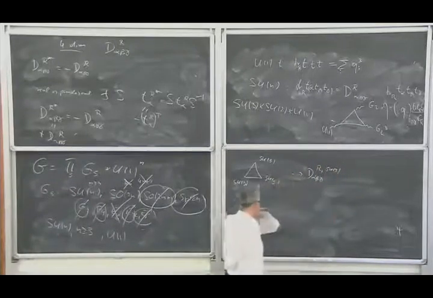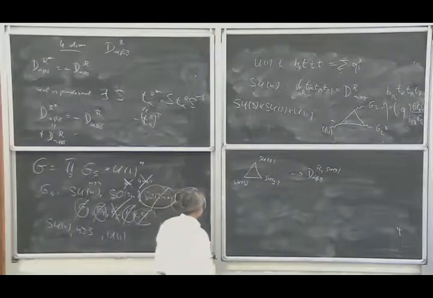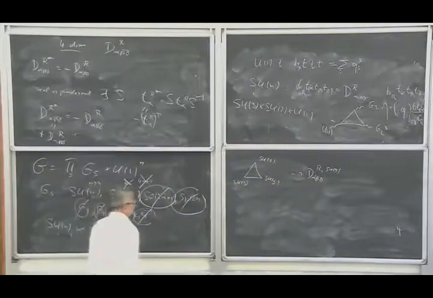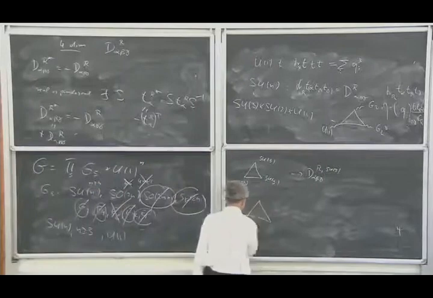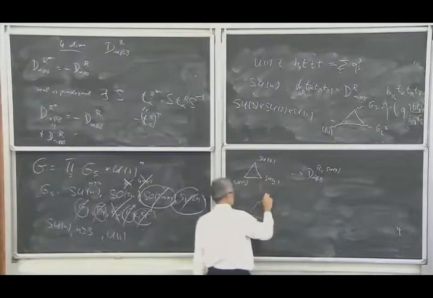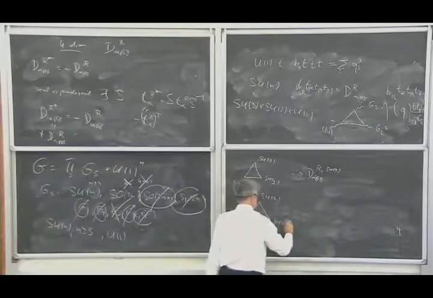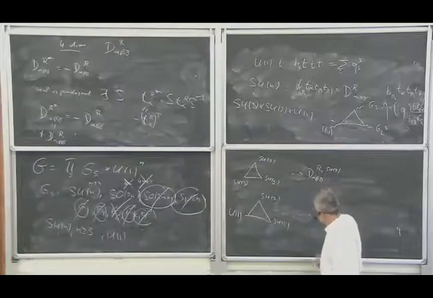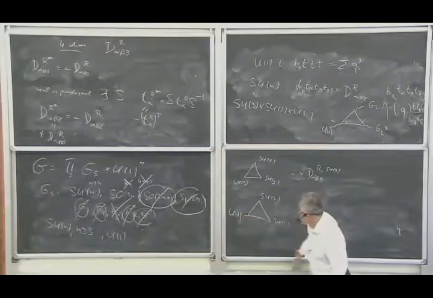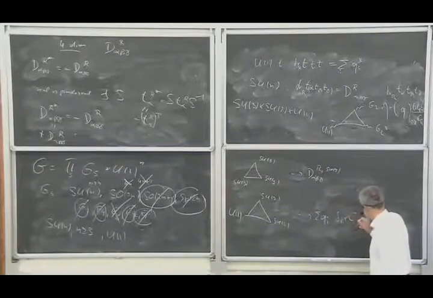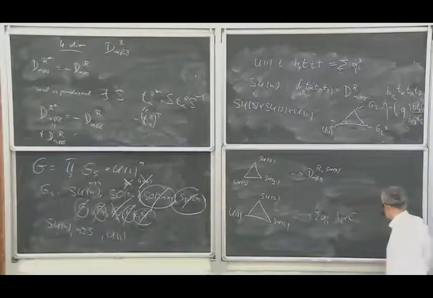Now, we cannot put SU(2), SU(2), SU(2) because SU(2) is SO(3), which had a vanishing D symbol. But we can have the case where we put a U(1) gauge boson here, and then SU(2) here, and SU(2) gauge boson there. So this will give us the U(1) charges, and then we get the trace of the SU(2) generators, which gives me a delta beta gamma times the corresponding C in the corresponding representation I.